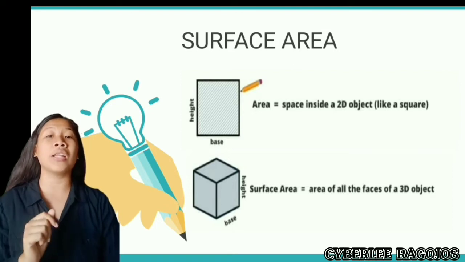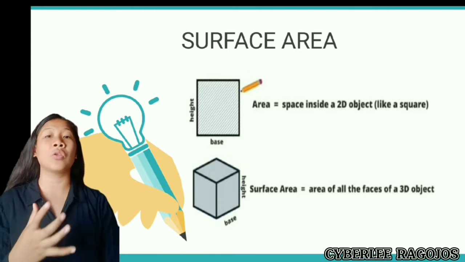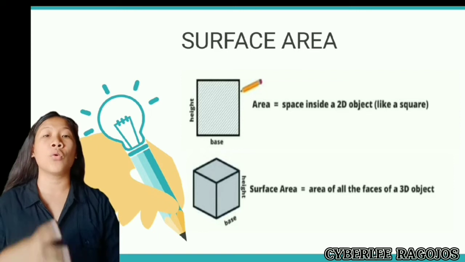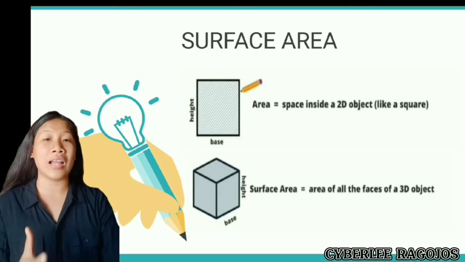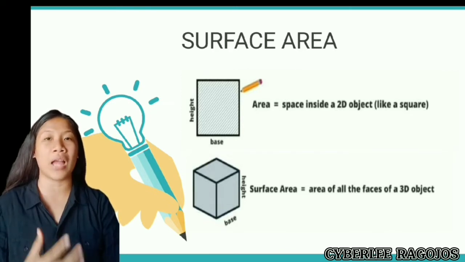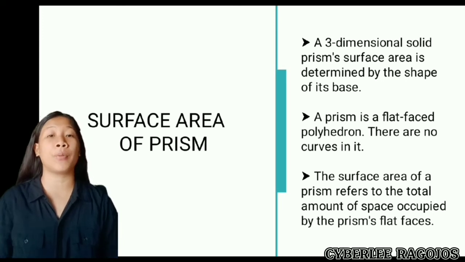Para makuha natin yung total niya, we need to calculate the individual area of each face and add all. Kung napag-add na natin lahat ng each area, ang kalalabasan na ay ang surface area, which is yung hinahanap natin. So, let's proceed on the surface area of a prism.